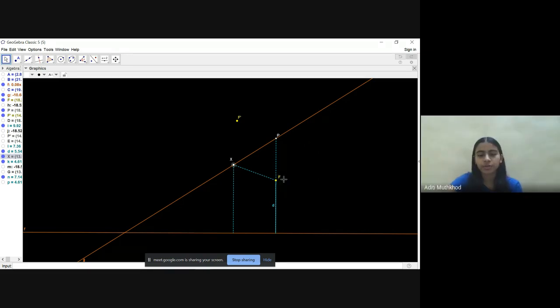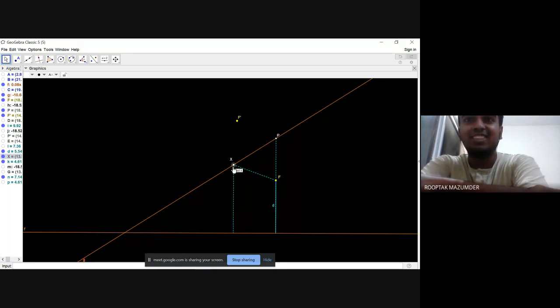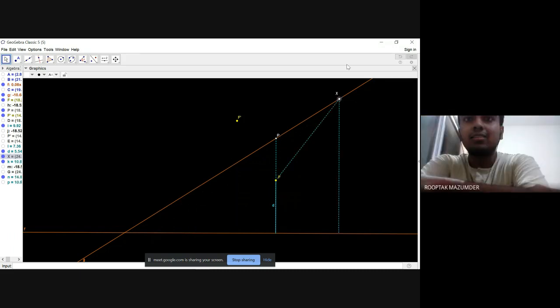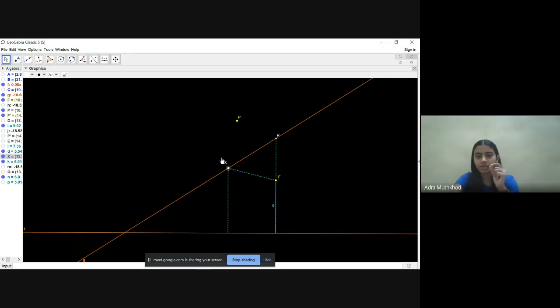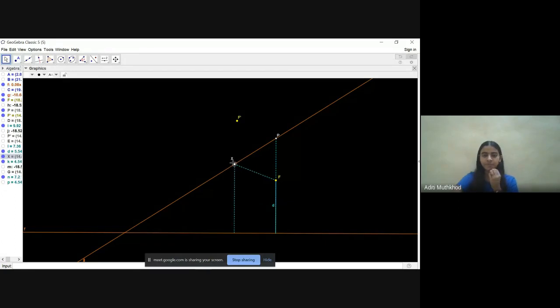I use F for fixed points. X is a variable point. We need to find a nice place for X, a point which will give us the maximum length.